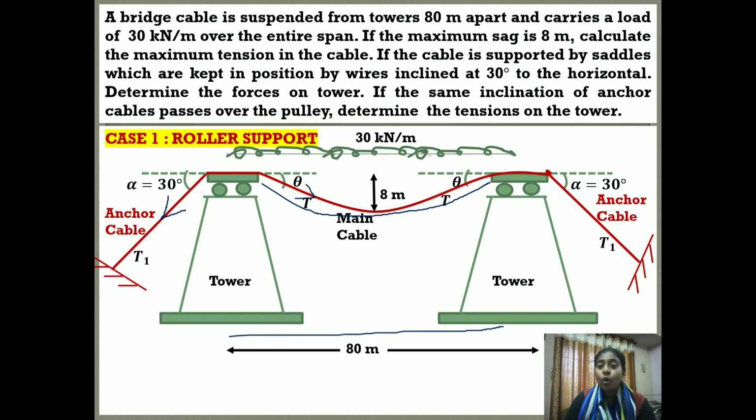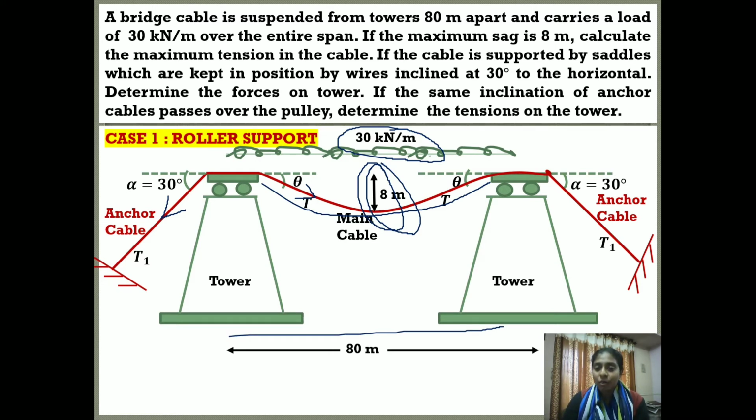The load UDL is 30 kilonewton per meter and the maximum sag is 8 meter. So maximum dip is 8 meter. The wires are inclined at 30 degree to the horizontal. That means the anchor cable is inclined at 30 degree to the horizontal. Now we need to find theta. Then we need to find the horizontal and vertical forces that will be acting on the tower.